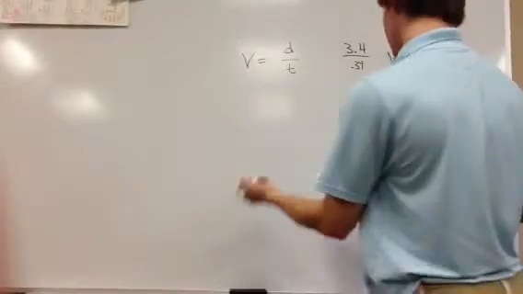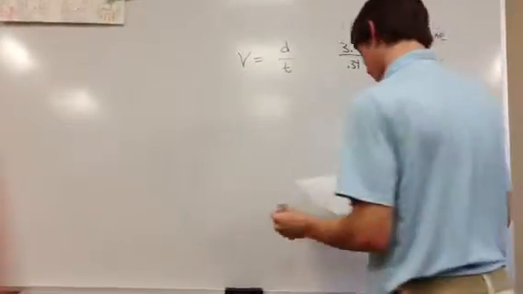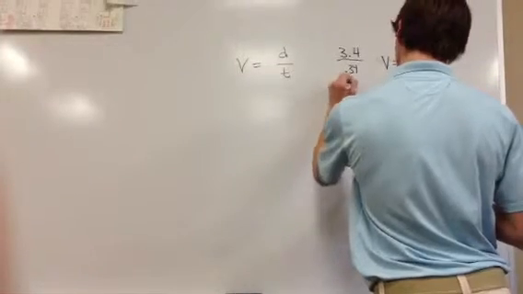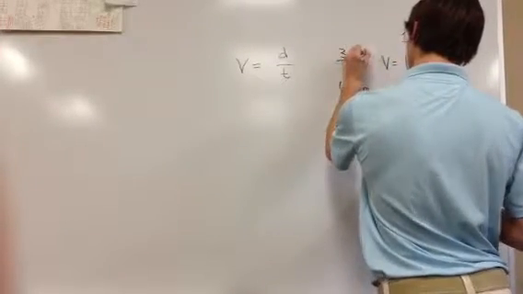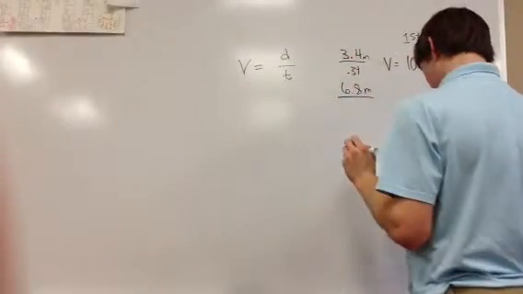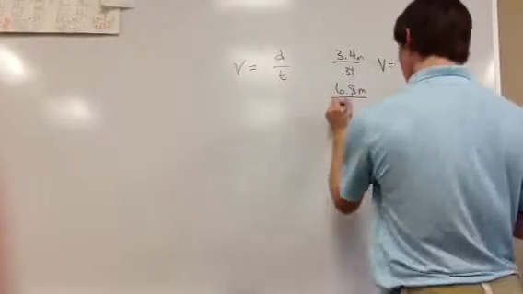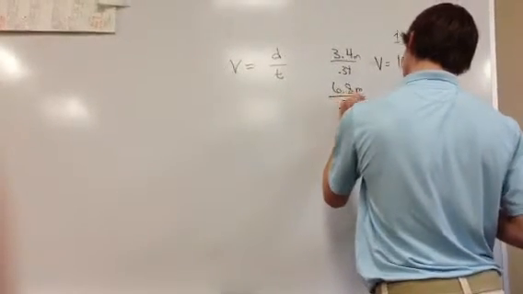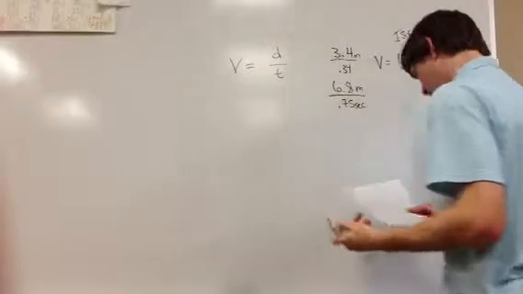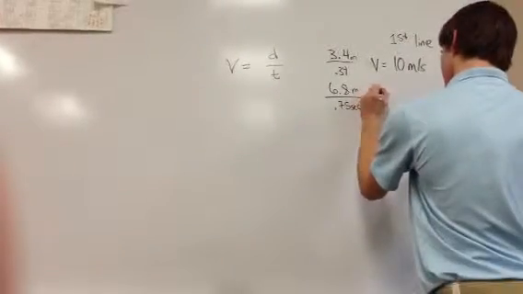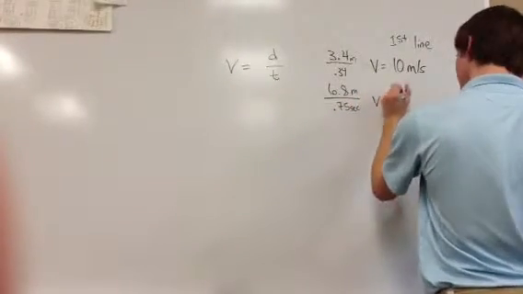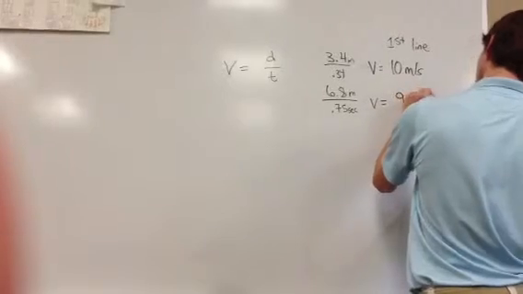Our second line, we did the same equation for all of these. So our second line was 6.8 meters over 0.75 seconds. And we found the velocity for this one was about 9.1 meters a second.